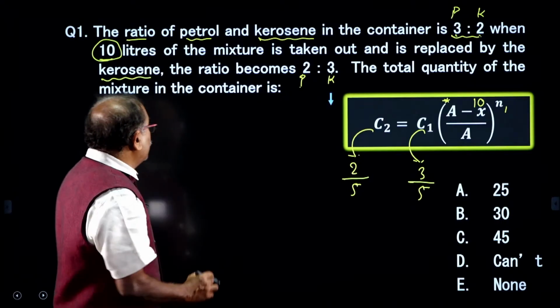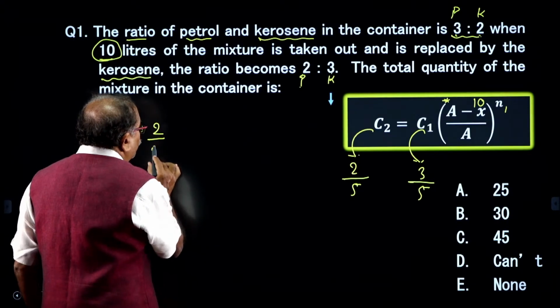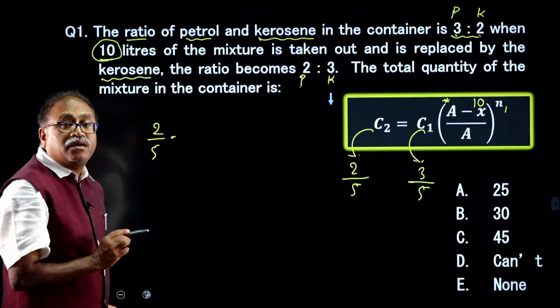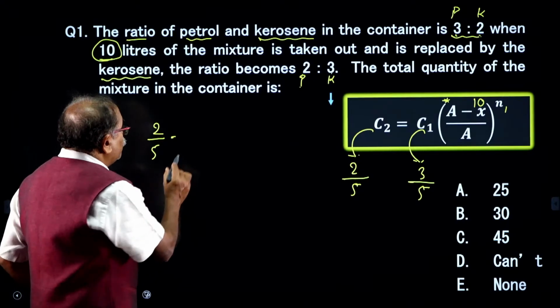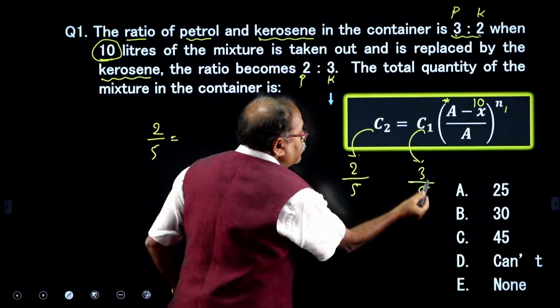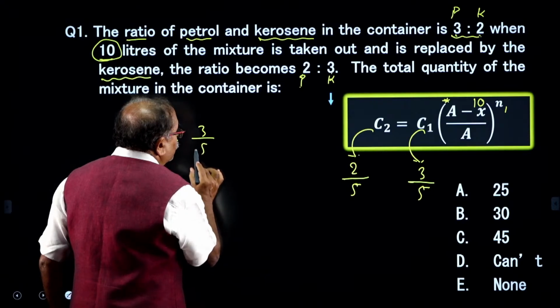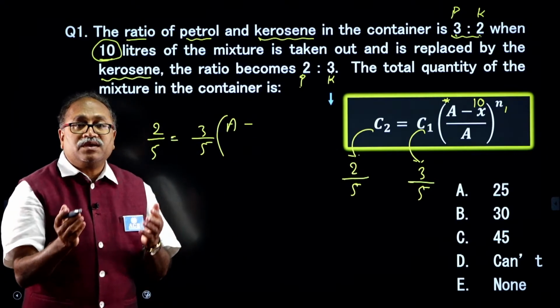Now, I am writing this, that C2 which is 2 by 5 is equal to, what is C1? 3 by 5 into (A minus X by A).